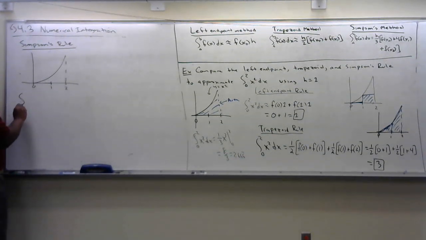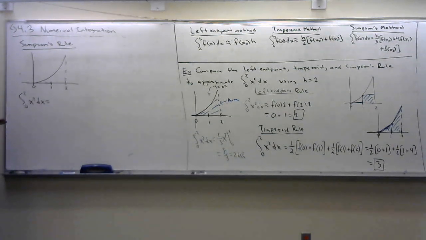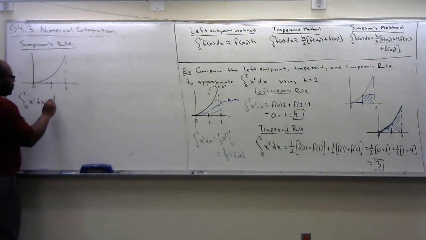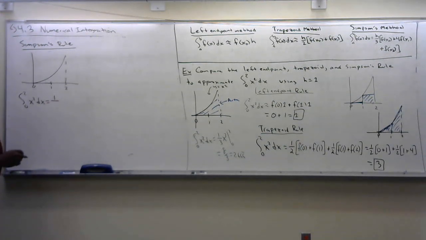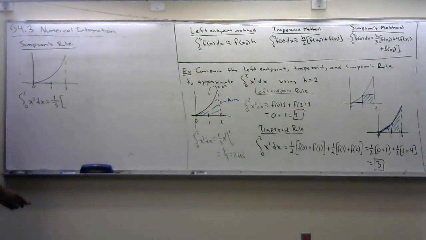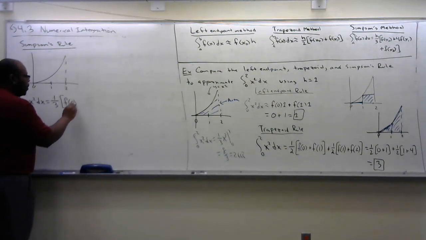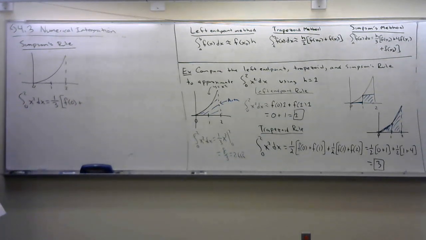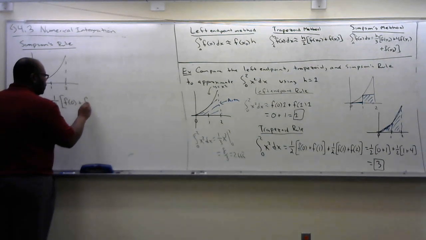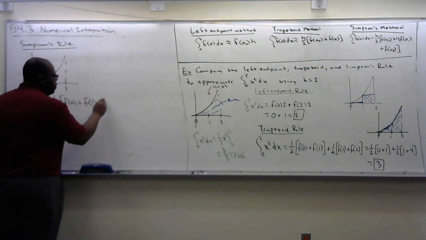So I'm going to go from 0 to 2 of x squared dx. That's going to be h, which is 1 in this case, divided by 3, times f of x naught, which is my first value, which is going to be 0, plus f of x1, which is going to be f1, plus f of x2, which is going to be f2.